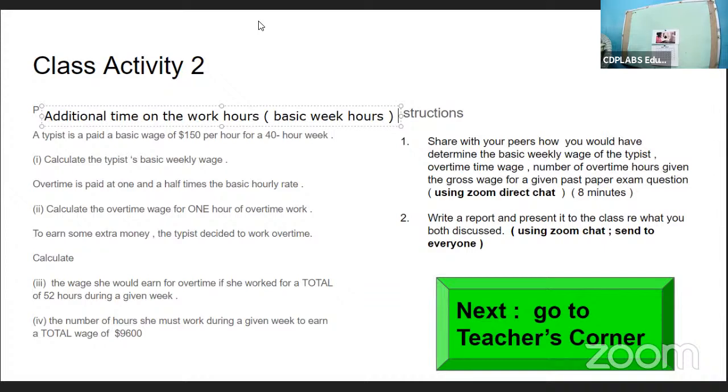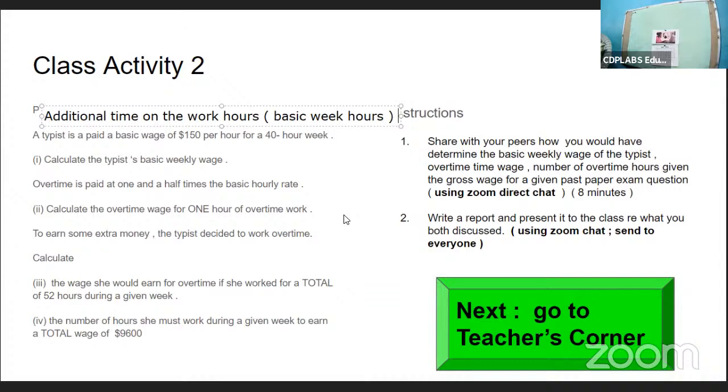Part 2 of the question asks us to calculate the overtime wage for 1 hour of overtime. Go ahead and work that out. Part 2 is on the screen. It says calculate the overtime wage for 1 hour of overtime work. 1 hour of overtime work means she has worked 1 additional hour on top of her basic week, true?